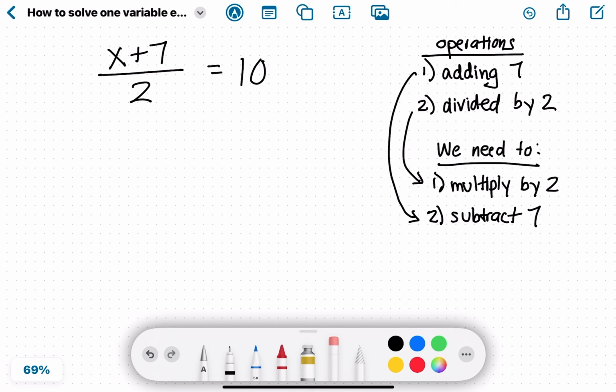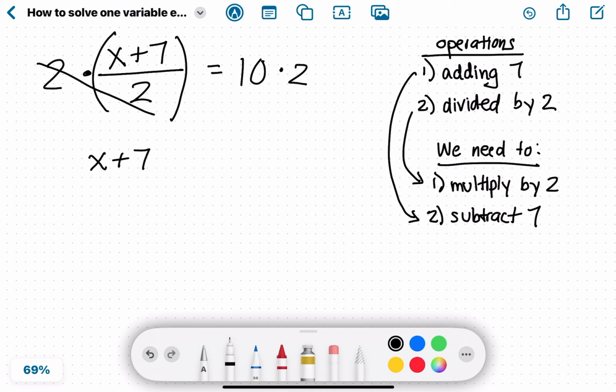Okay, now let's put it into our equation. Let's first multiply both sides by 2. This whole fraction times 2 cancels because it's over 2. So we're left with x plus 7 equals 10 times 2 is 20.